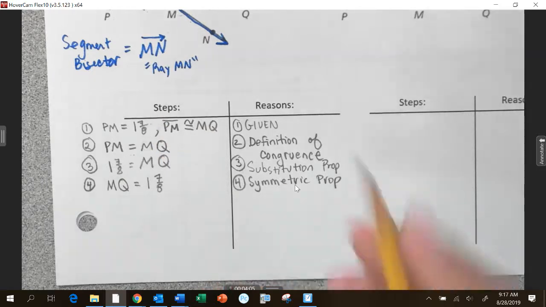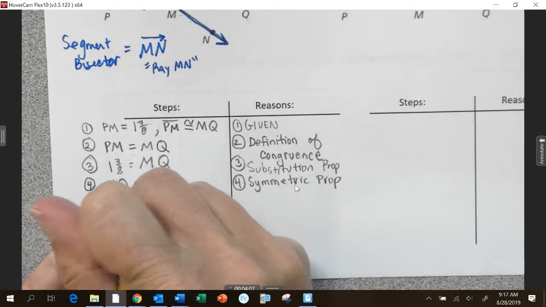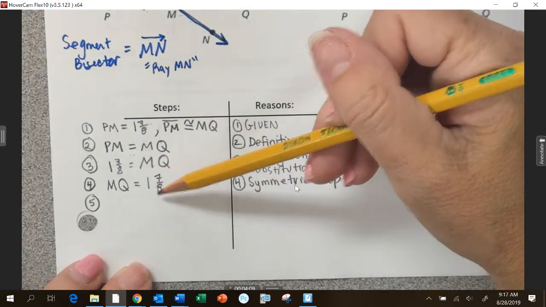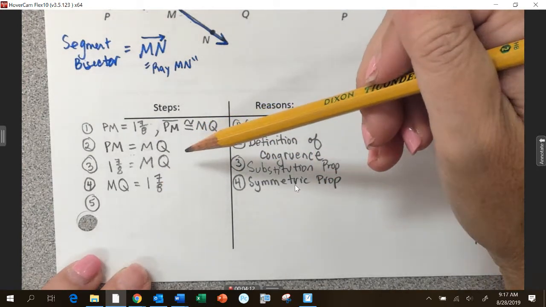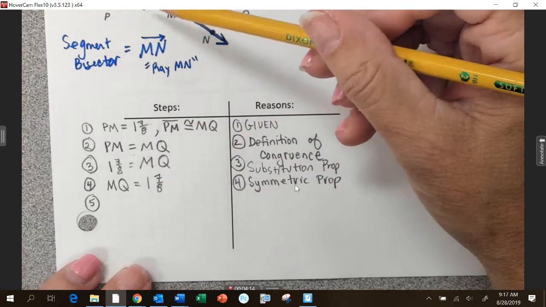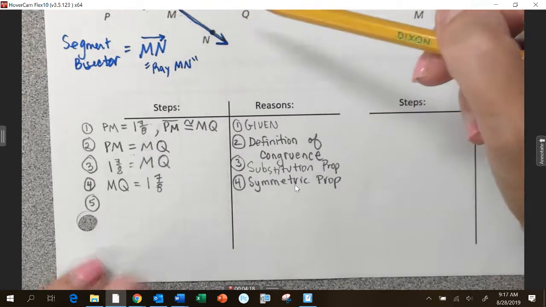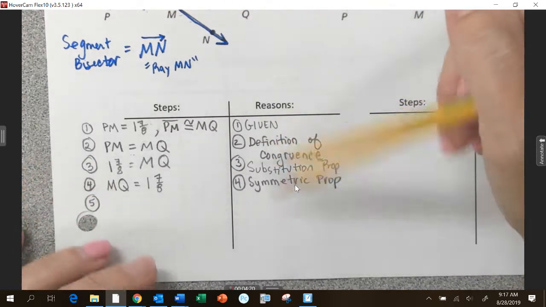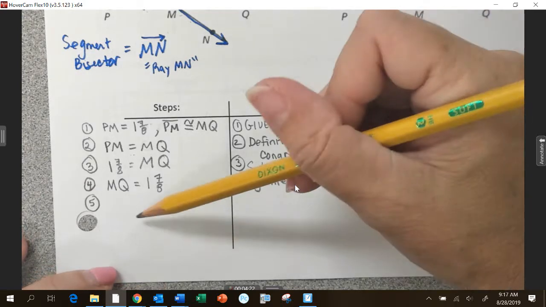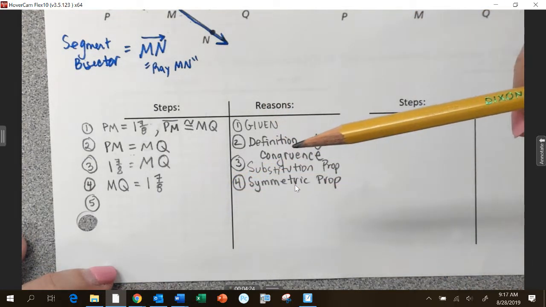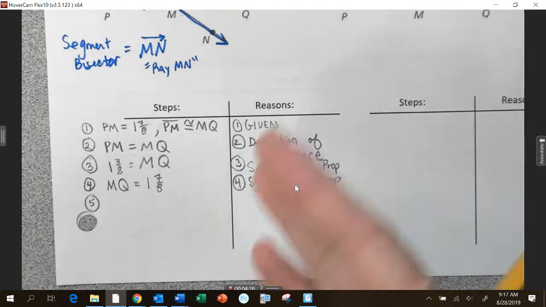Number 5. So now I know that MQ is 1 7/8. This is exactly what Jessie was telling me earlier. She said, well, that's 1 7/8, this has got to be 1 7/8, let's add them together. But in these proofs, we can't just add 1 7/8 plus 1 7/8 and call it done, because I have no idea what you're talking about in the proof.